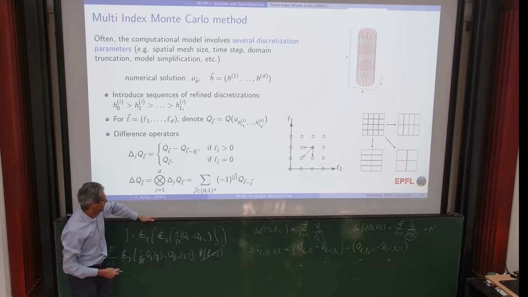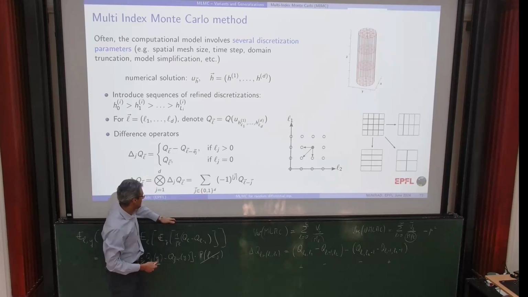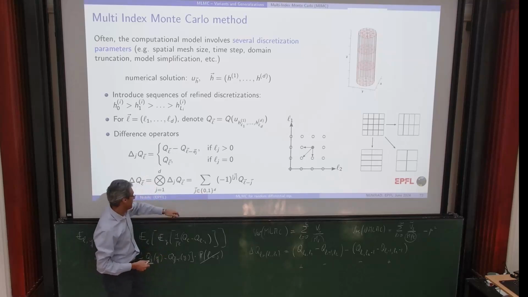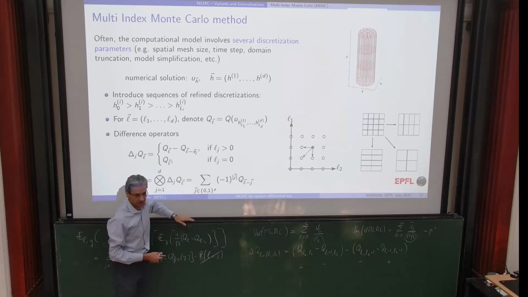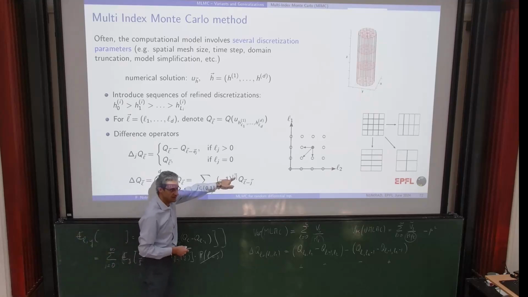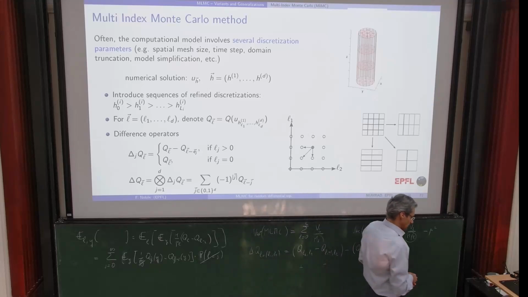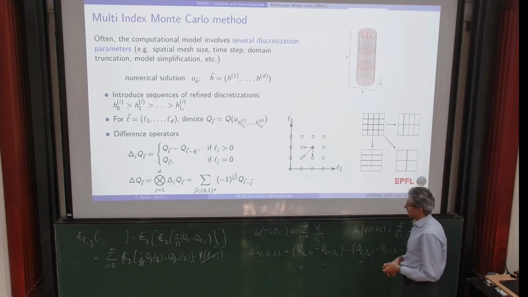And I get all 2 to the d terms in this sum, with alternating signs depending on whether I take an even number of coarsenings or an odd number of coarsenings. So this (-1)^|j| keeps track of the order of the coarsening.